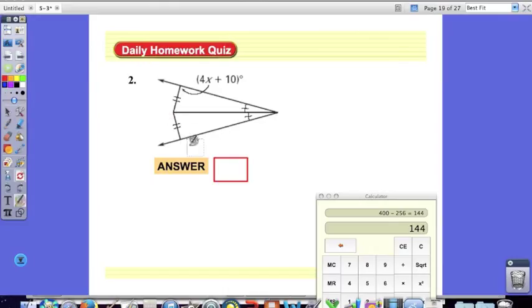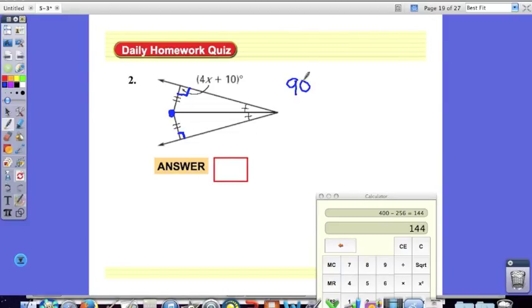Okay, next one. I know that this has to be 90 degrees because this is an angle bisector. These angles are equal. So this is an angle bisector. And this segment and this segment are congruent in length. So they must intersect the sides at 90-degree angles.